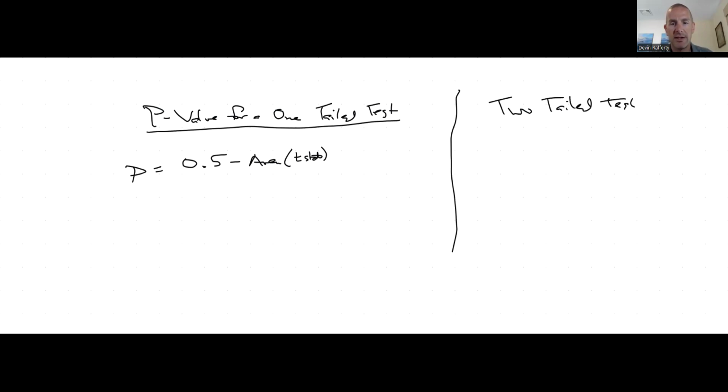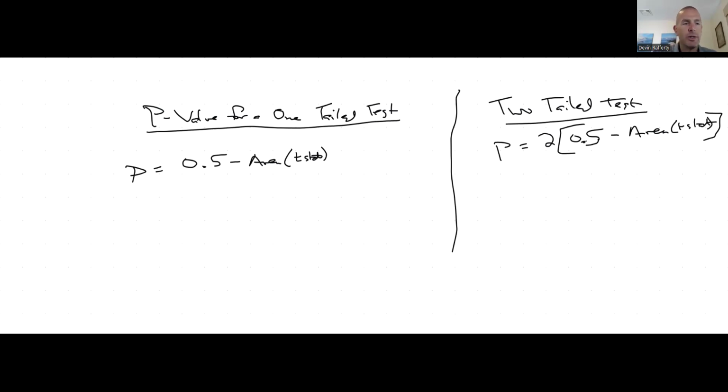If it's a two-tailed test, then P is equal to 2 times 0.5 minus the area associated with the test statistic. But we don't have a two-tailed test. We have a one-tailed test. So this is going to be our formula.